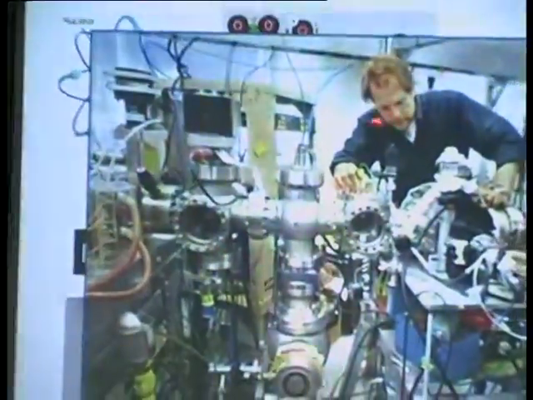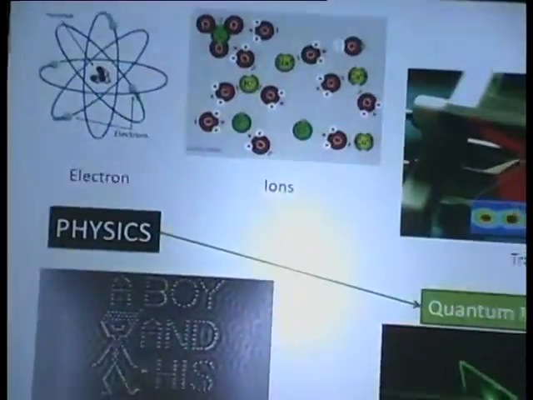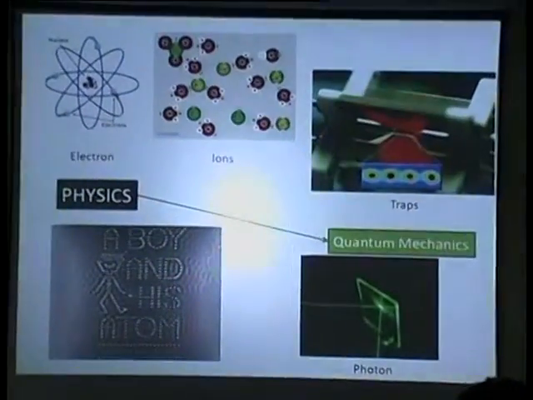If you search for it on YouTube, you can see they need a huge space and huge electronic equipment to handle it. You can see that this person is above this equipment. Such big equipment is required to handle such small entities.